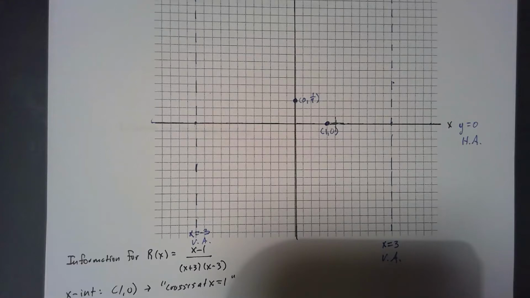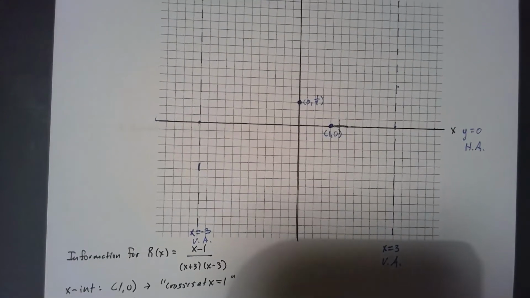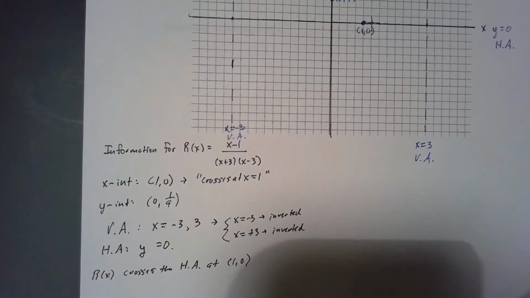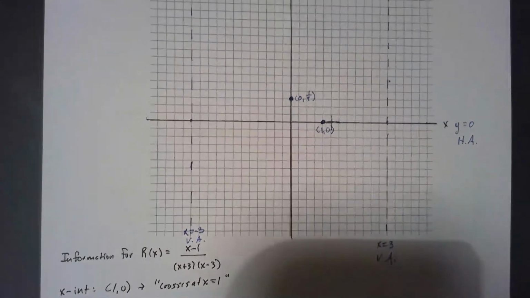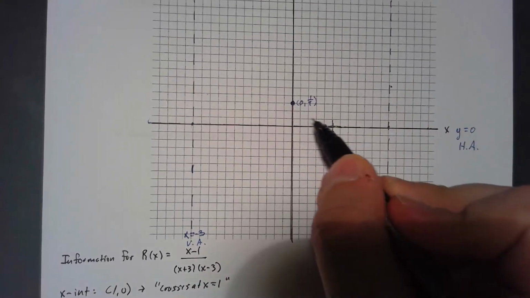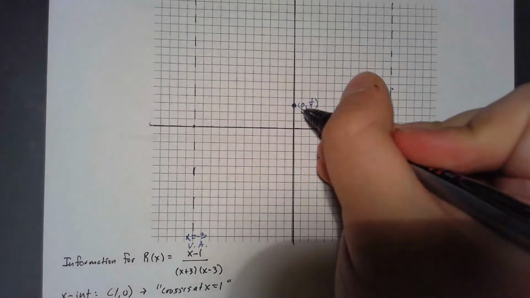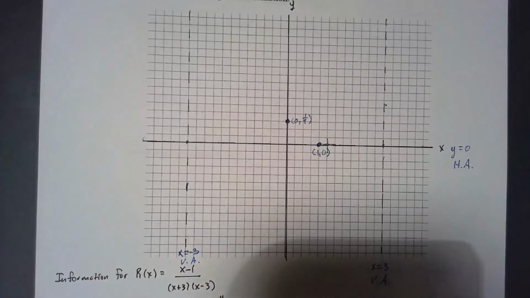Okay. So how do I start? Well, a good thing to do is to start with the intercepts. I always start from the inside and work my way out when I'm graphing a rational function. That's what I like to do.